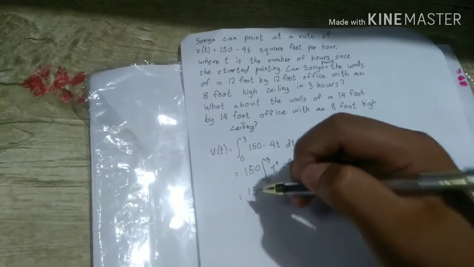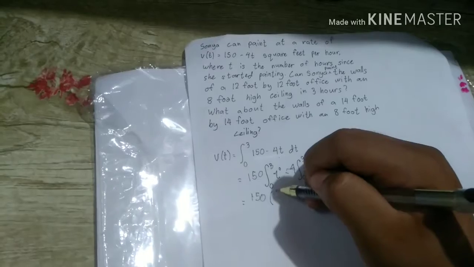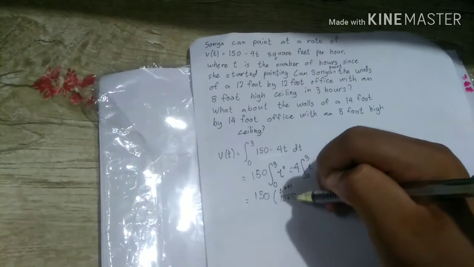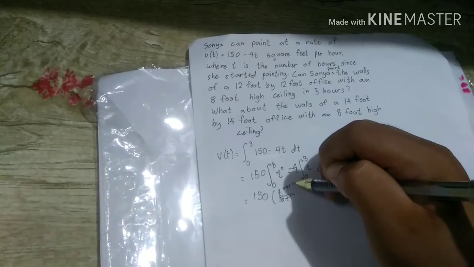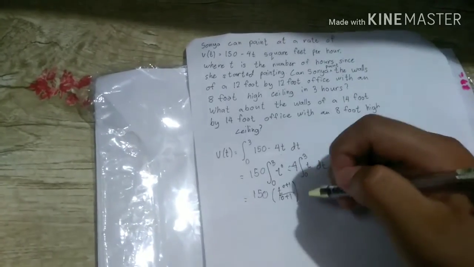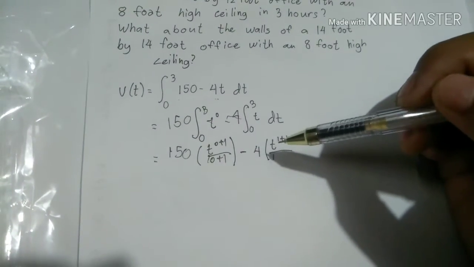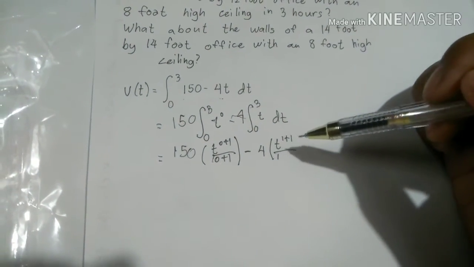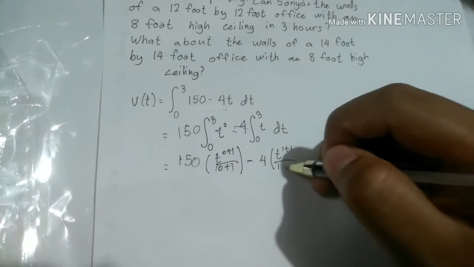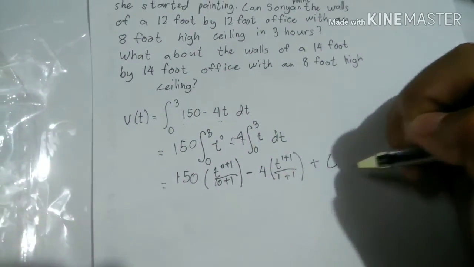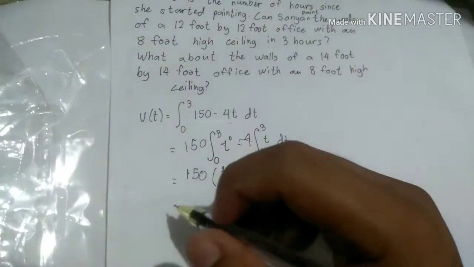So 150 times t raised to 0 plus 1 over 0 plus 1, close parenthesis, minus 4 times t raised to 1 plus 1 over 1 plus 1, close parenthesis, plus c, because c is a constant number.